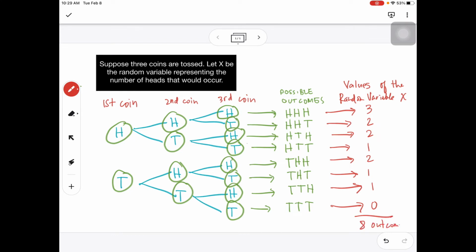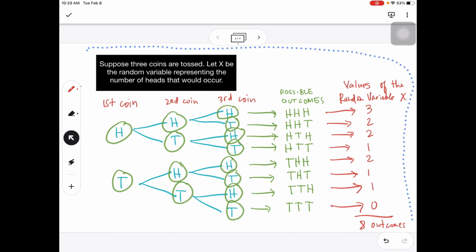Later on we are going to need this once we determine its probability. So let me just resize this so that we can proceed with the probability distribution.